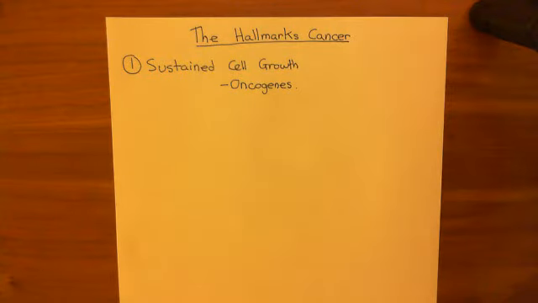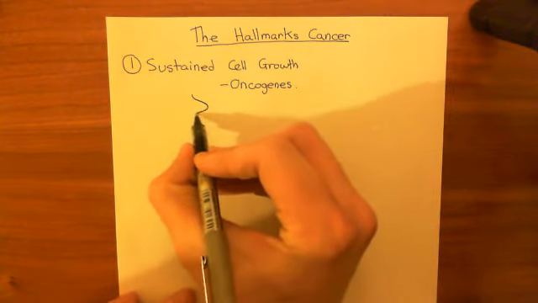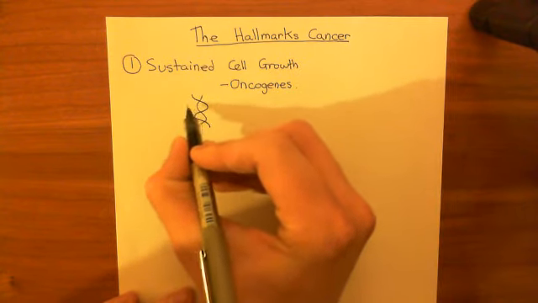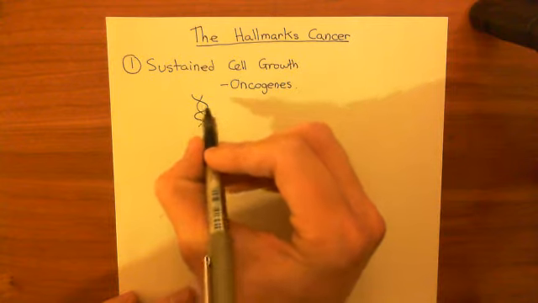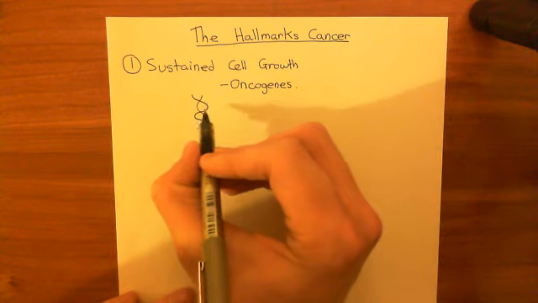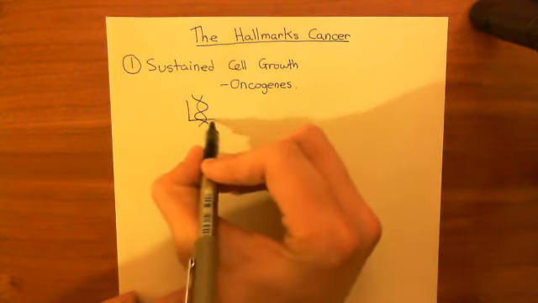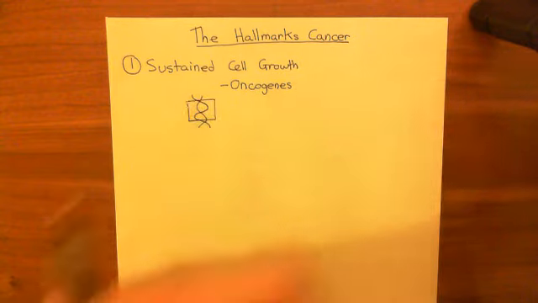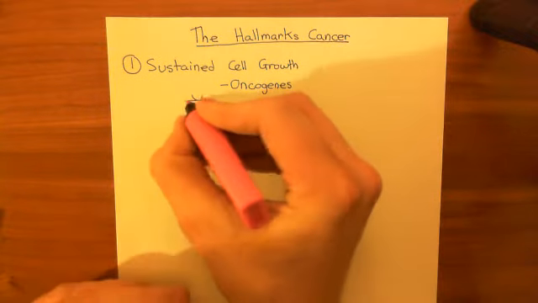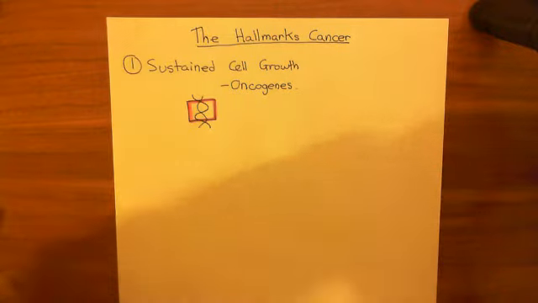Basically, a proto-oncogene, now let's talk about what a proto-oncogene is, because that's where oncogenes come from. So a proto-oncogene is a gene involved in the signaling involving cell growth, which, if you get a gain-of-function mutation in that gene, will lead to cancer. Let's say this purple gene here is a proto-oncogene.